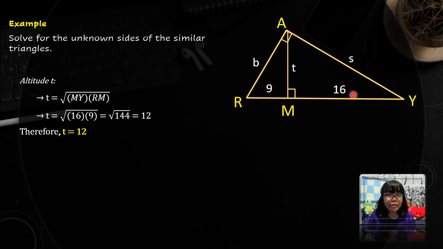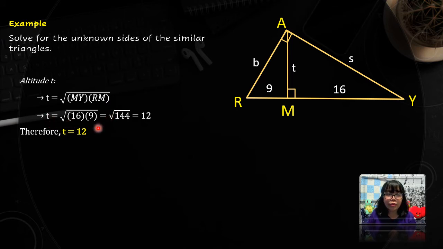And geometric mean, we need to get the square root of the product of the measurements of these two segments. So T here would be equal to the square root of MY times RM. So this is your MY, this is your RM, or RM times MY, because we can use the commutative property of equality. So square root of MY times RM.